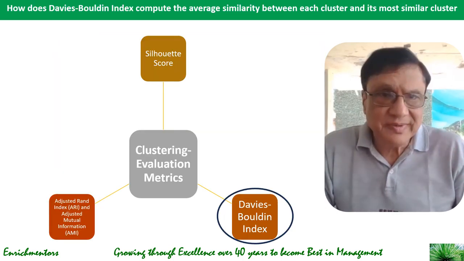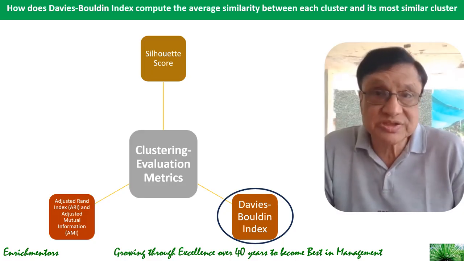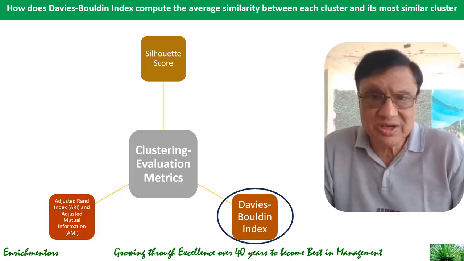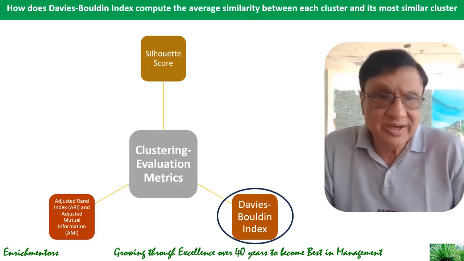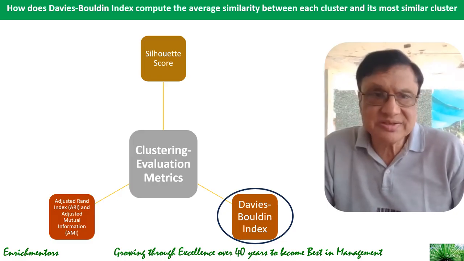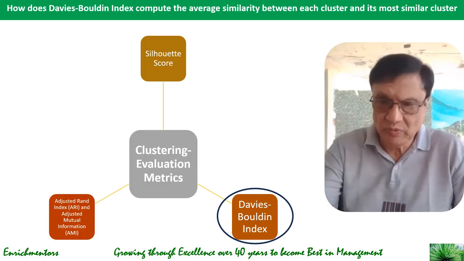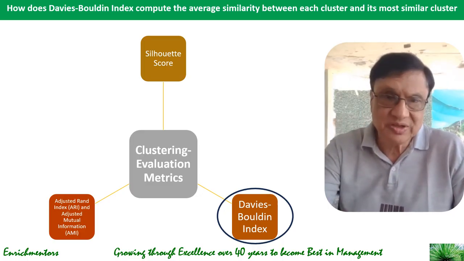So in summary, the Davies-Bouldin index measures the average similarity between each cluster and its most similar cluster, and provides a quantitative measure of the cluster quality in a clustering algorithm. A lower Davies-Bouldin index indicates better cluster separation and distinctiveness, with much less overlap and commonality between the clusters.